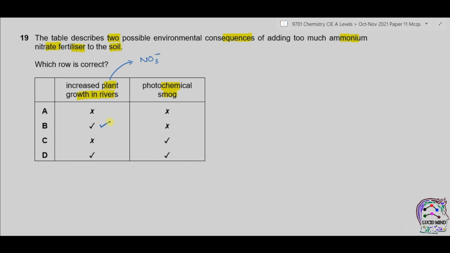So there will be increase in plant growth. Second thing is photochemical smog, which occurs in atmosphere or air due to the presence of nitrogen oxides. These are in gaseous form, not in aqueous or nitrate form, so therefore it should be incorrect. Correct option is therefore B.